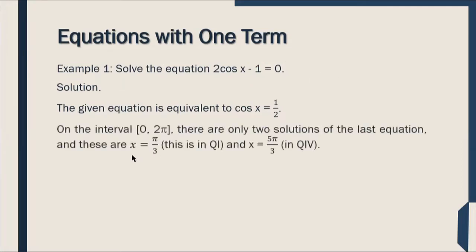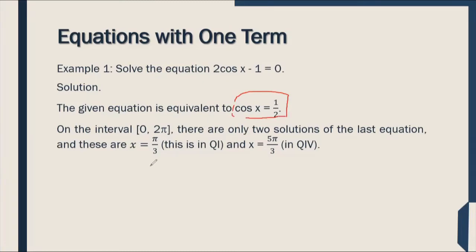On the interval 0 less than or equal to x less than or equal to 2 pi, there are only two solutions of the last equation. So, pwedeng magkaroon tayo ng two solutions dito sa value ng x kapag ang ating closed interval ay 0, 2 pi.